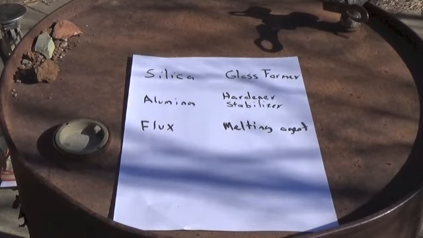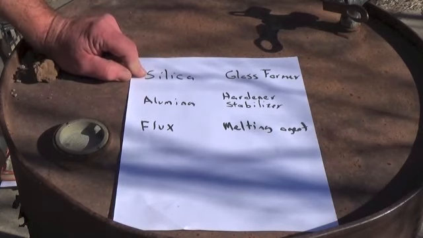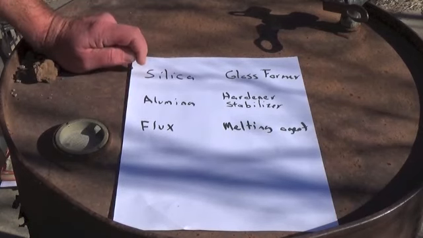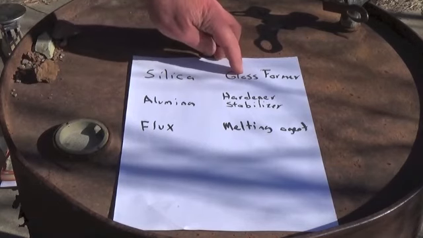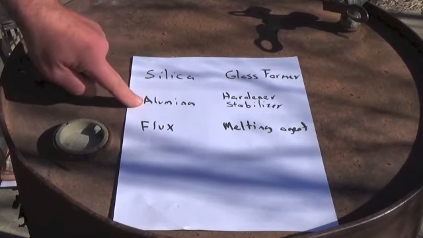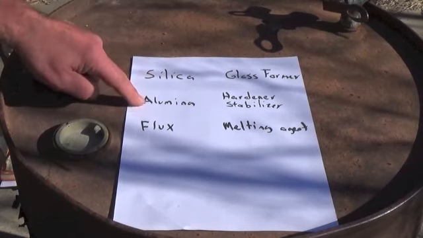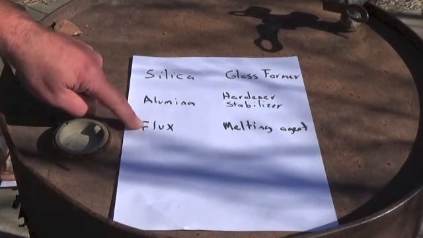The main components of a glaze are silica, which is ground quartz sand. It's the glass former. Alumina, which is the oxide of aluminum. This is the oxide of silicon. And flux.